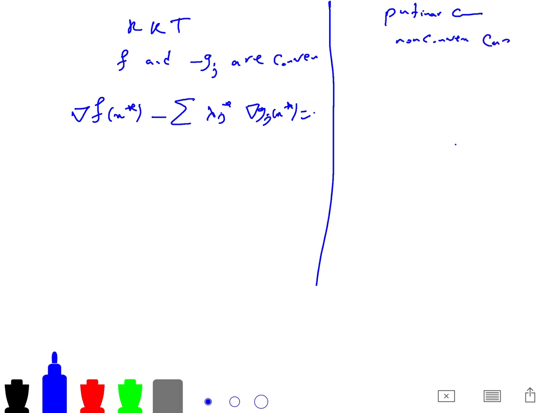The certificate in the non-convex case is like the gradient of f(x star) minus the sum of the polynomials sigma_j g_j(x) equal to 0.